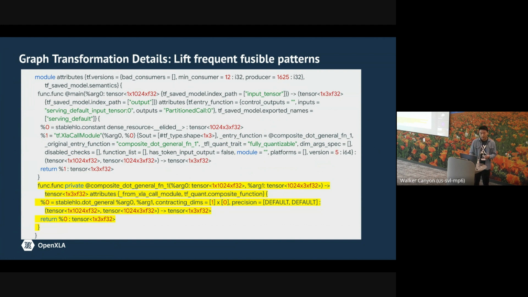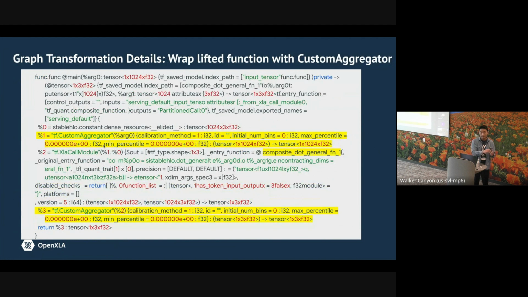The next step is, before and after the TF XLA call module op, we insert a TF custom aggregator. You can imagine the TF custom aggregator as a counter. It will count the data going through it and record the min and max values of it. You can see now all the min and max are 0 because it's just initiated.